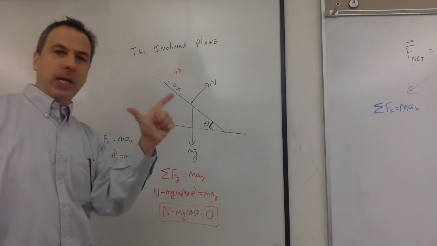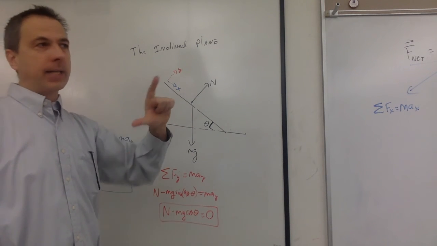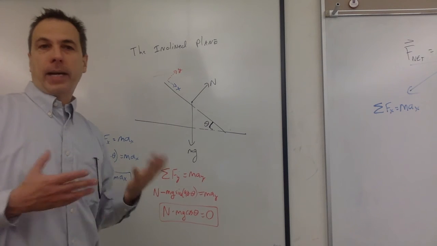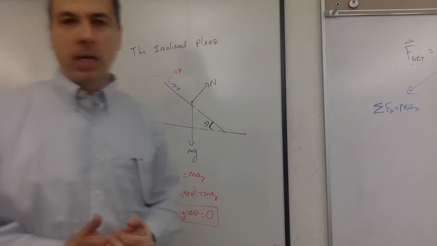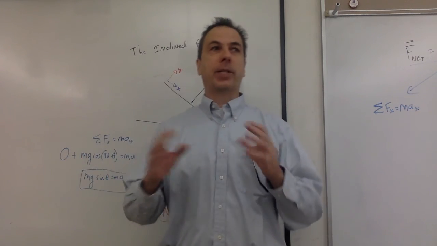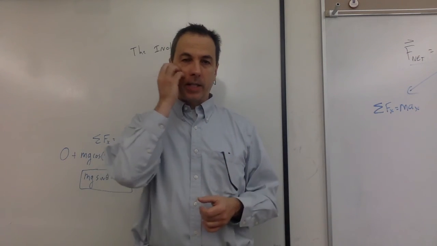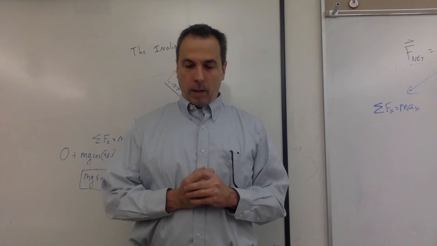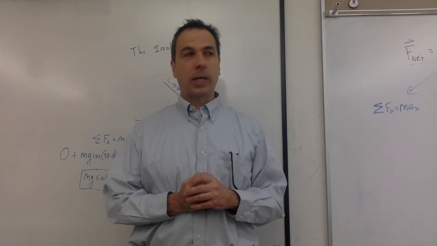So this trick of reorienting your x and y axes is how I can make that sweeping generalization that you are always guaranteed a zero either for your a sub x or your a sub y, or for both, if you have a constant velocity problem. So that is a trick worth bearing.